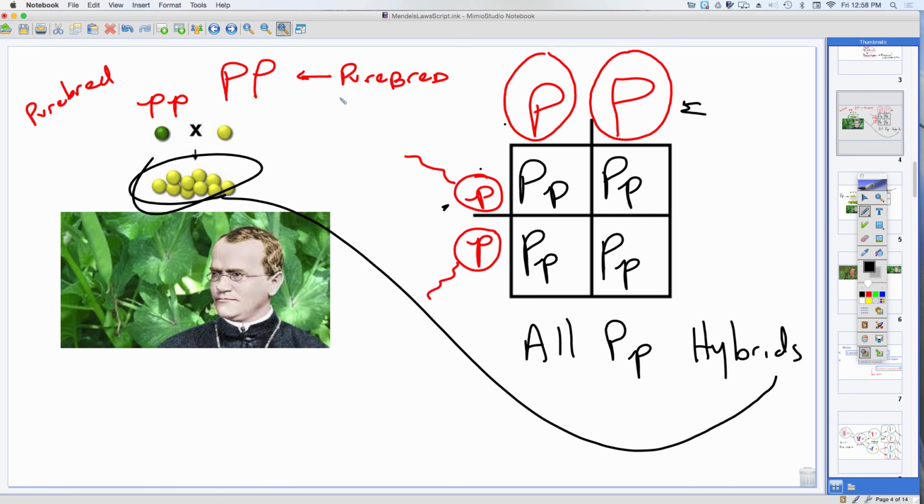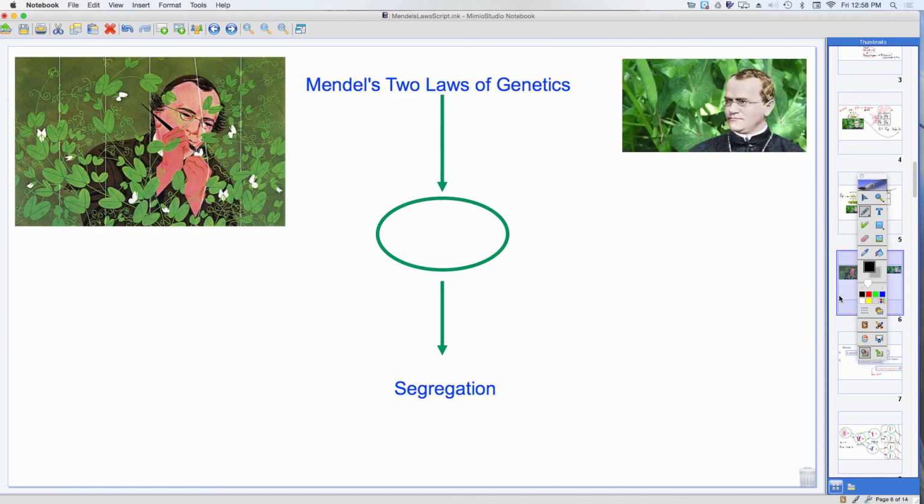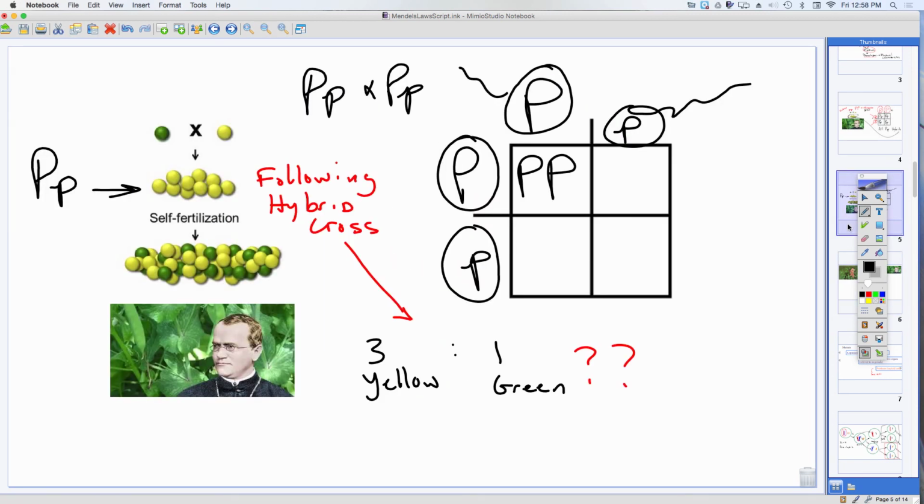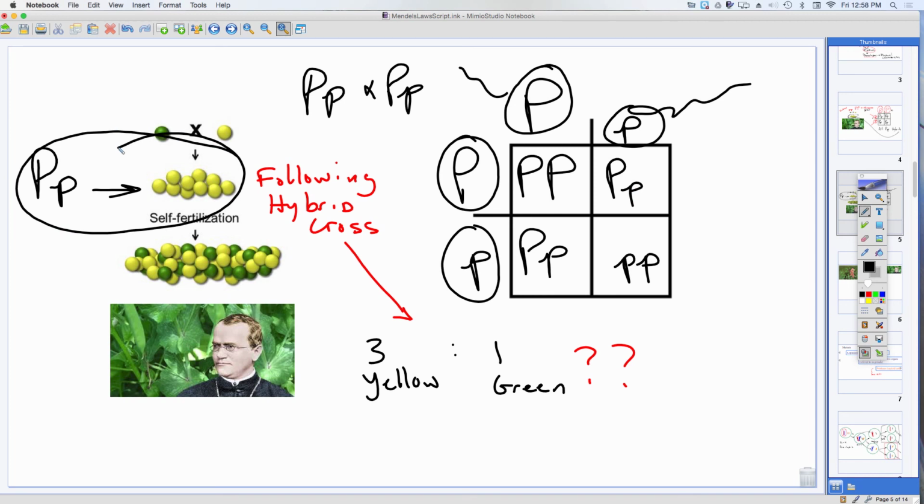Well, we have one big P, and we learned here that big P is purebred yellow. And we get, whoops, one little p, and we learned that that is green. And then we get big P, big P, little p.